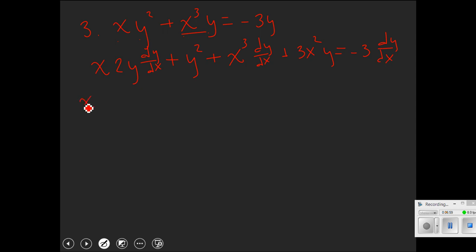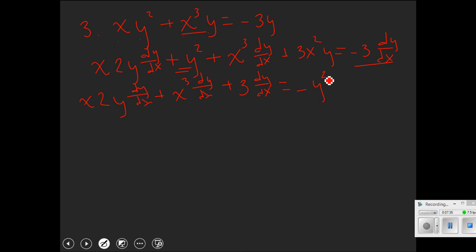So I have x 2y, I know that's in a funny order, but that's okay, dy/dx plus x cubed dy/dx, and then I'm going to move that negative 3 over, so it'd be plus 3 dy/dx, equals, now I move everything over, so we've got just the y squared, so it's just negative y squared. Okay, so that's the first step, is move all the dy/dx's to one side and all the other random things to the other side.